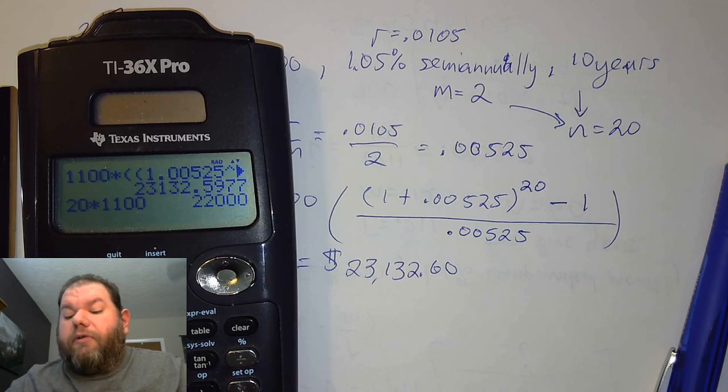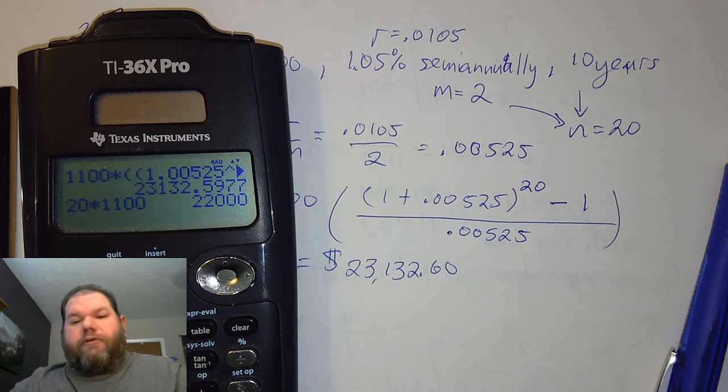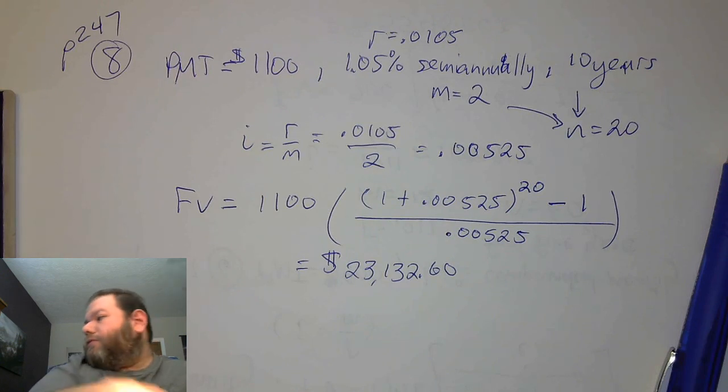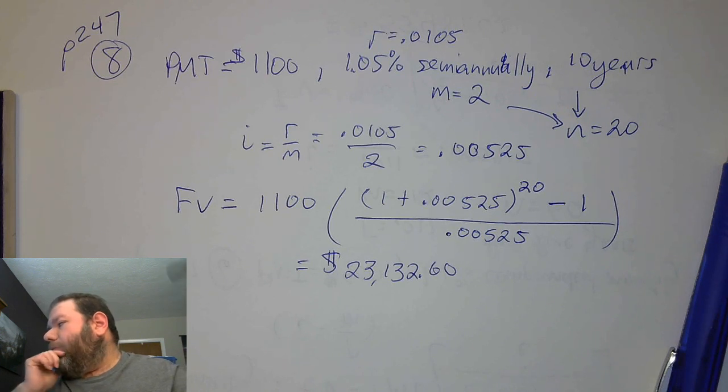Which means we've only deposited 22,000, but we did earn over $1,100 in interest in that period. Okay. Are there any questions on number 6 or number 8 before we move on to Jarek's problem?